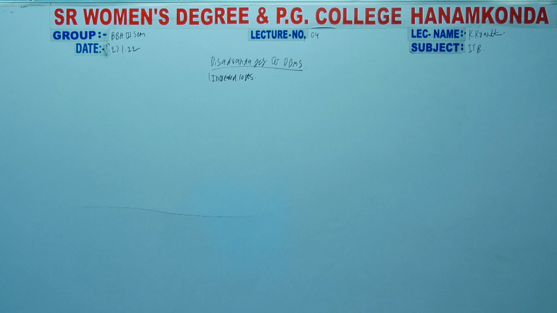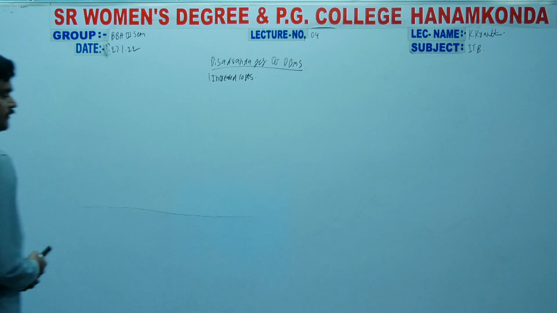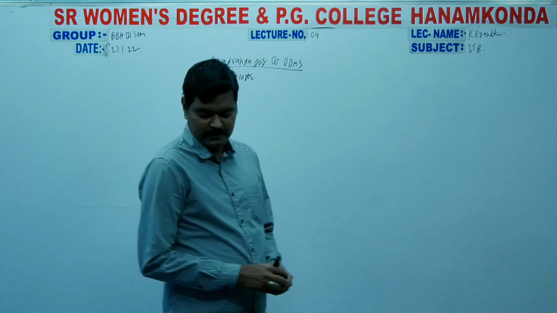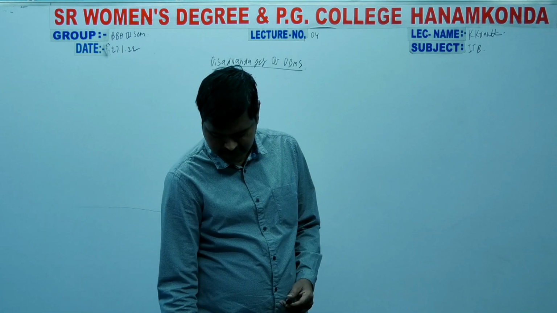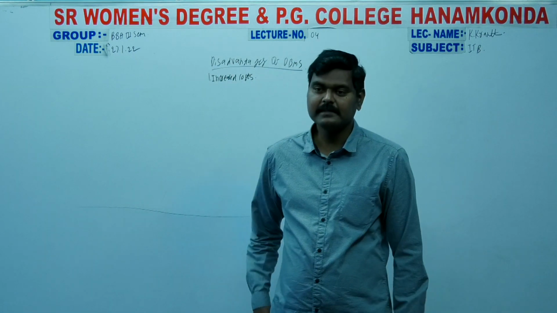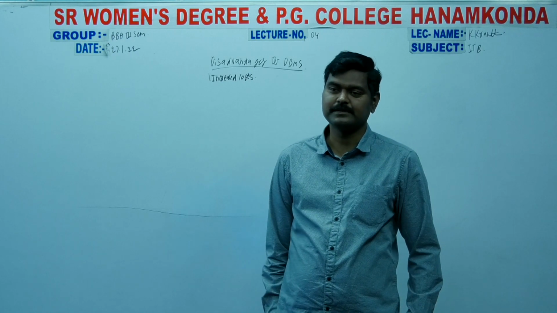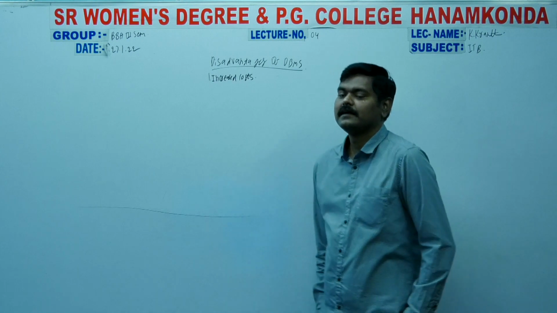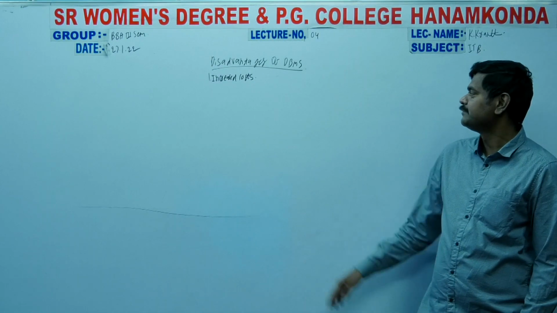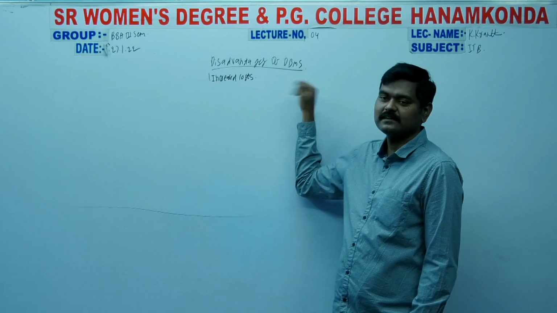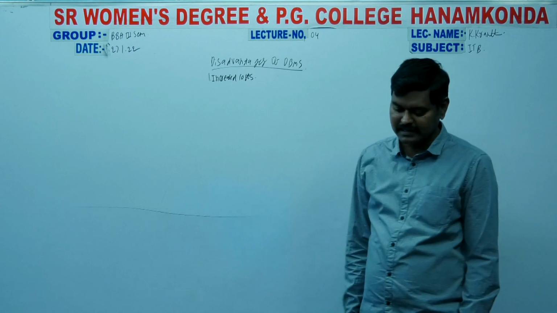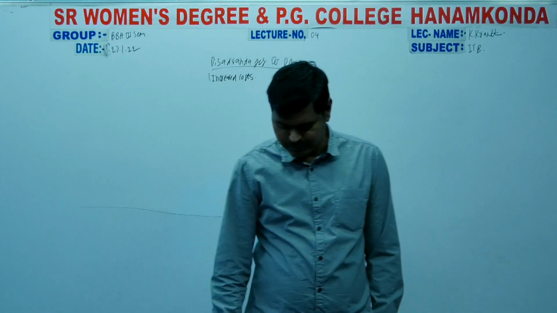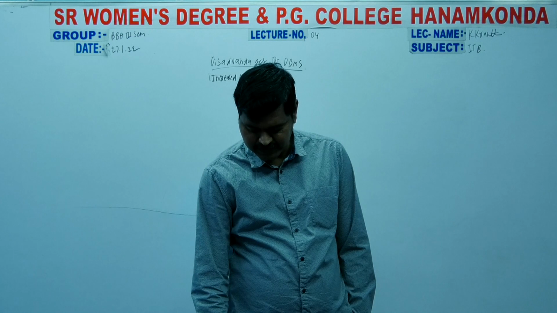Applying these data repositories takes a lot of cost. Maintaining the hardware and software is very costly in a database system. So if you implement a database management system, the first disadvantage is that it increases the cost. The repositories are very costly.